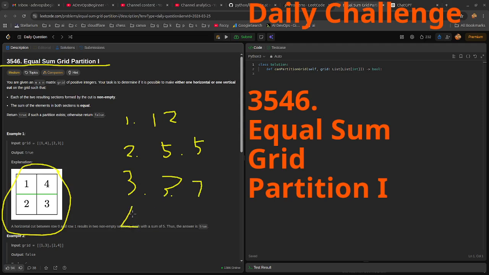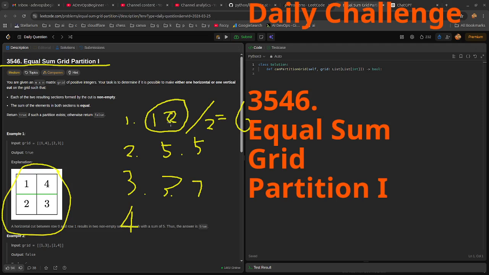So the real checking will be the step number 4 to see if any section would be half of this total. Sorry, my bad.